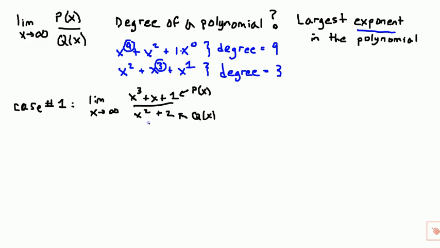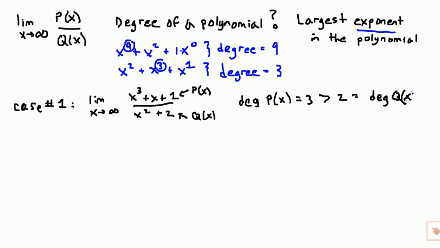So the degree of q of x is 2. So the degree of p of x is 3, and that's larger than 2, which is the degree of q of x.